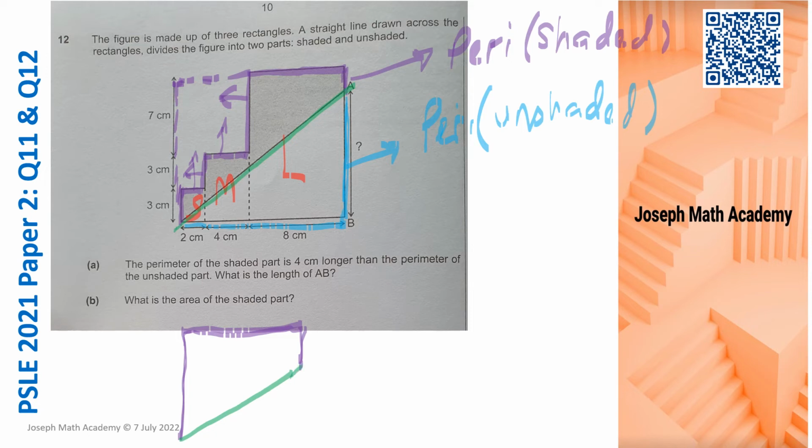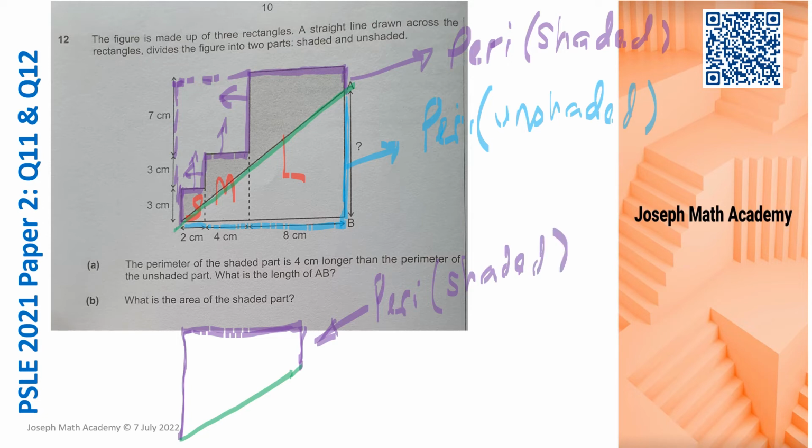Okay, so this is the shaded perimeter. Right? So this part is the perimeter of the shaded part.